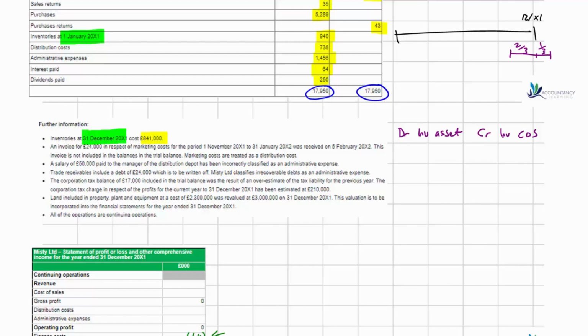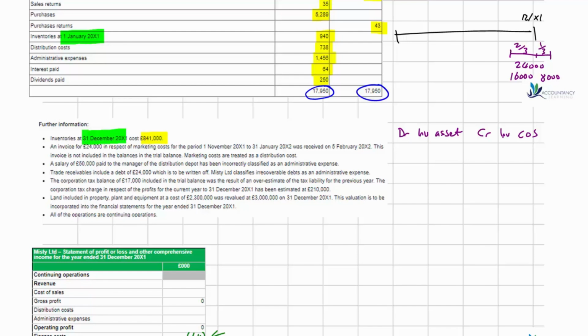It tells us that there's an invoice for 24,000, and so according to the accruals concept, we should recognise an expense in our accounting period relating to the consumption of this marketing. So that means we should show 16,000 of expense in our year, and then 8,000 of it should be excluded. That belongs to the next accounting period.